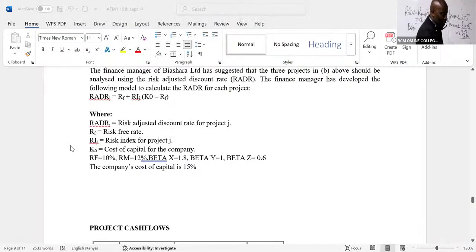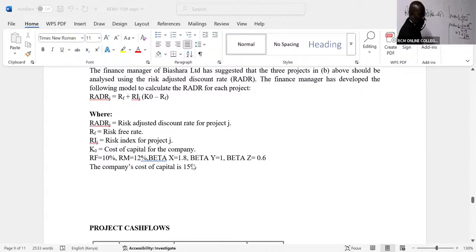Great. So now we go to project Y, using in this case RADRI. For the sake of the latecomers again, let's compute RADRI for project Y. The risk-free does not change, it will be 10.